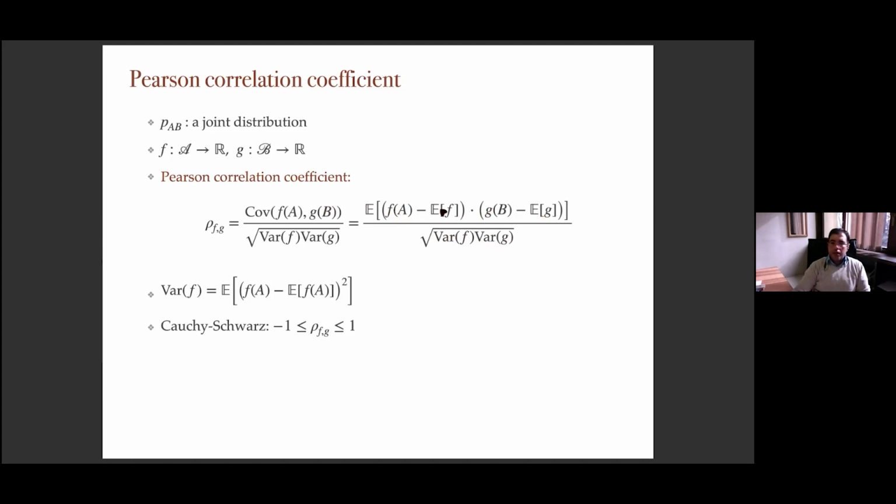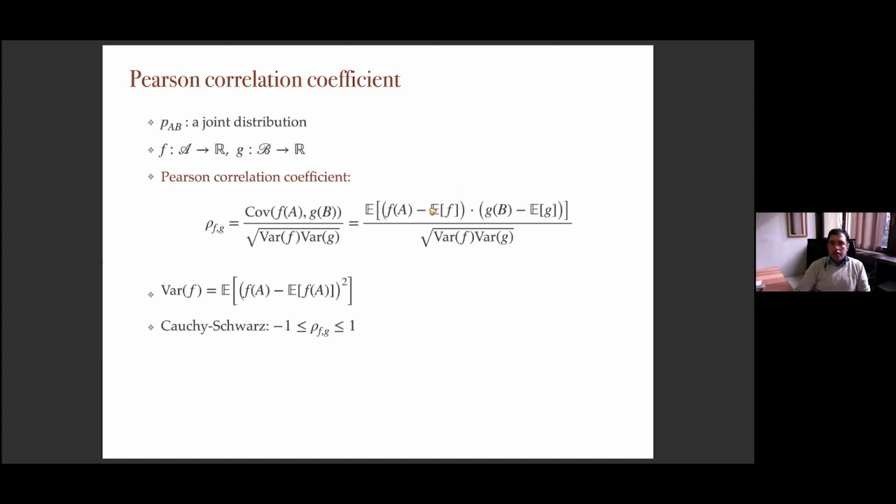So I first shift f and g by their expectations to center them, meaning to make their expectation 0, I consider their product and then compute the expectation of the product. This is called the Pearson correlation coefficient. Because of the Cauchy-Schwarz inequality, this Pearson correlation coefficient is some number between -1 and 1.